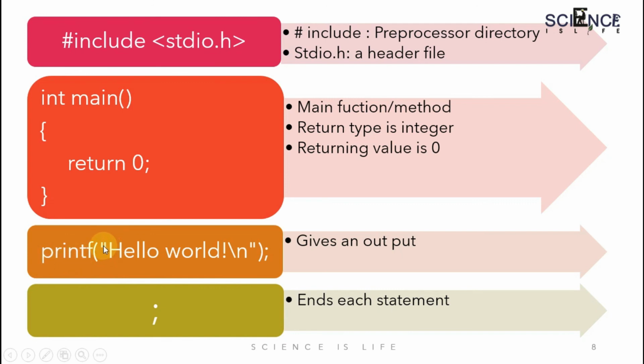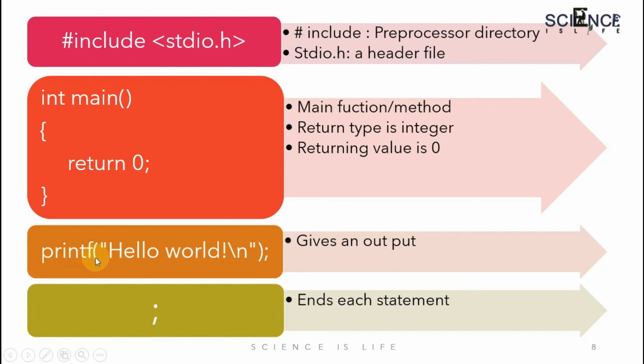In the brackets of this function, we have opened double quotes, right? Within these double quotes we have written hello world and slash n. This printf function is an output function.